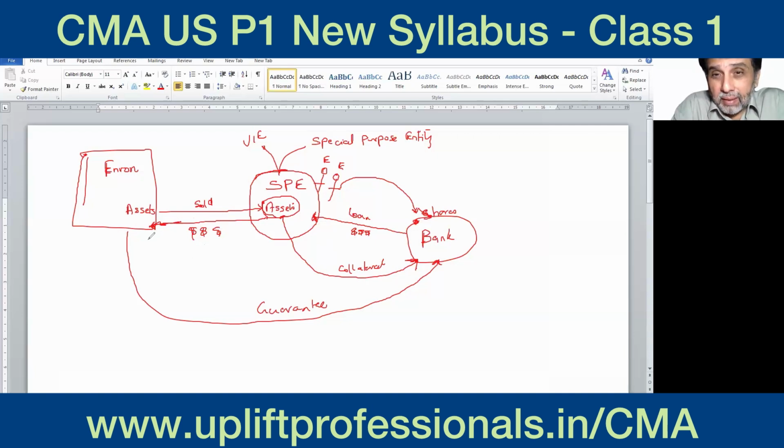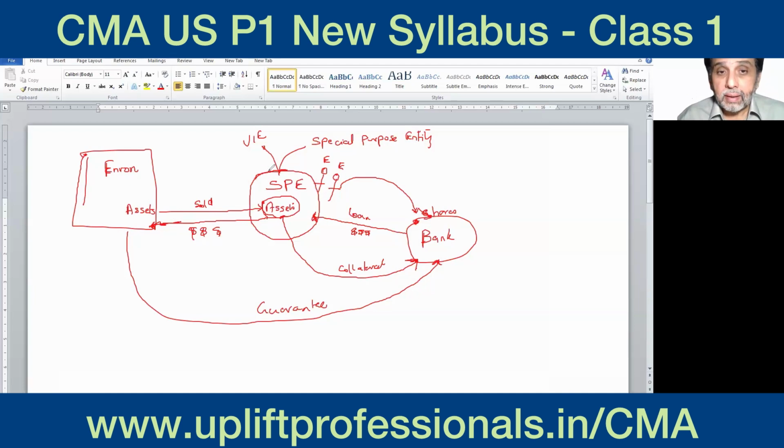Enron got financing without actually physically removing their assets, but the assets were off their balance sheet. Their assets were off their balance sheet even though physically present, and they get a loan from the bank, without having to show the loan on their balance sheet because the loan belongs to the SPE.